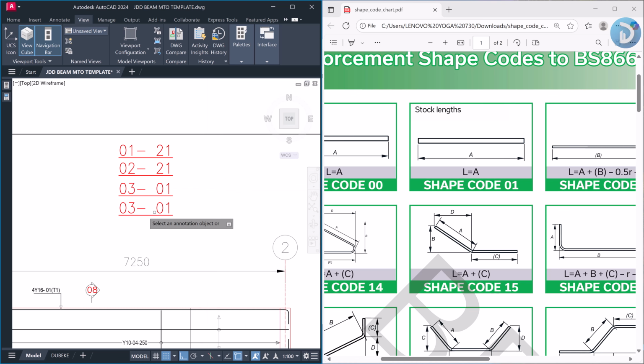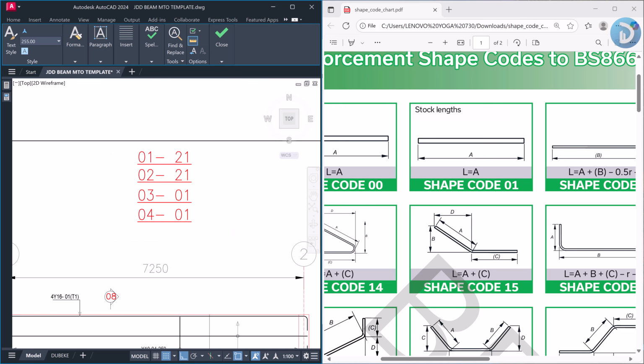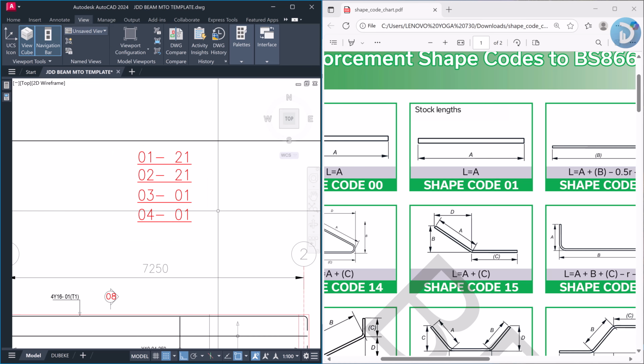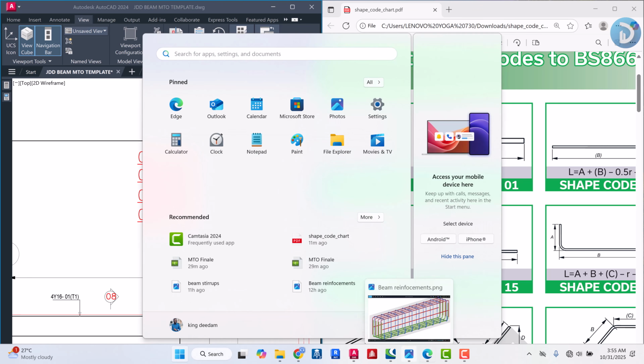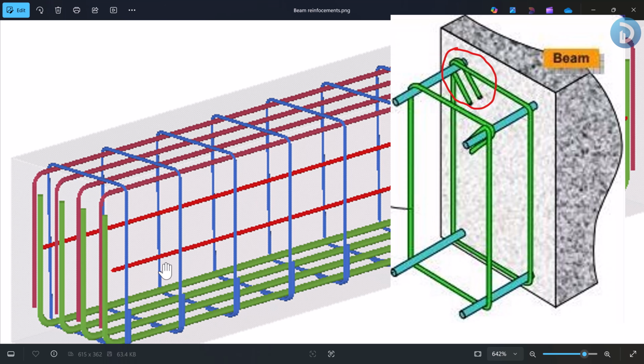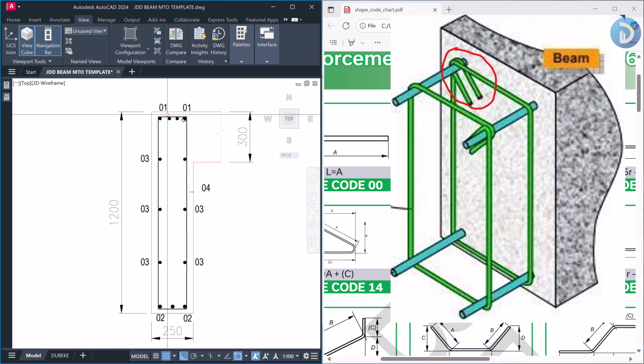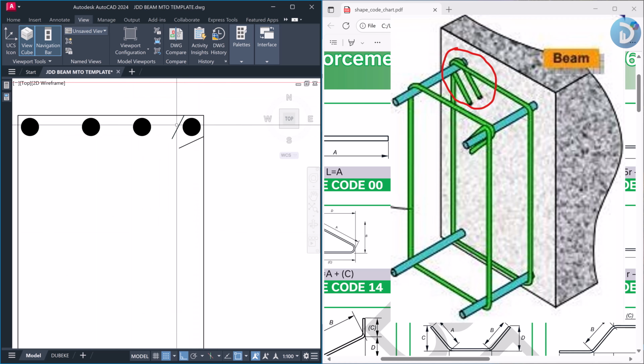We can create another copy of this. Our bar mark 04, let's select this and look for what bar mark 04 looks like. In this picture, you will see that we have a rectangular bend. And if we come back to our links, you will see this rectangular bend here, but there is an extra reinforcement bent into this part and also into this part, which is the proper way to bend your links.